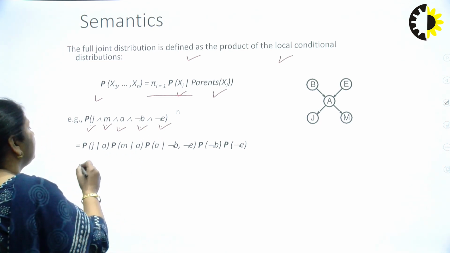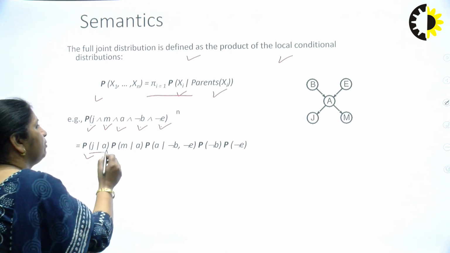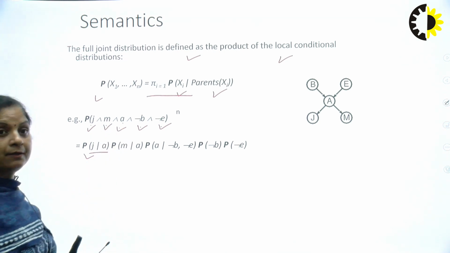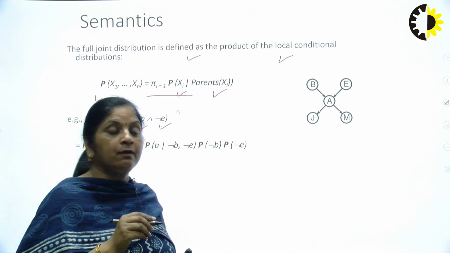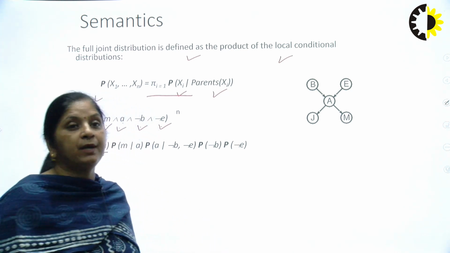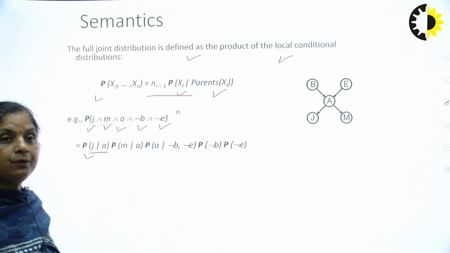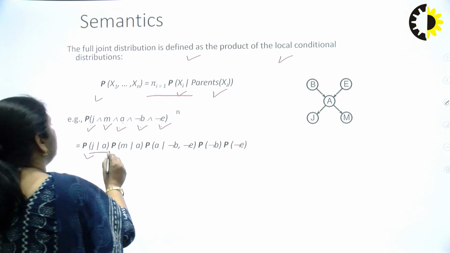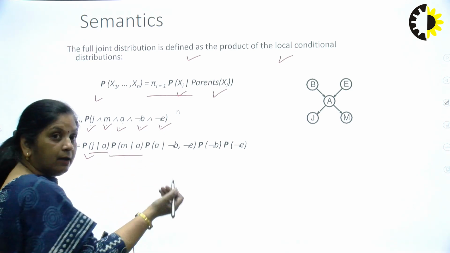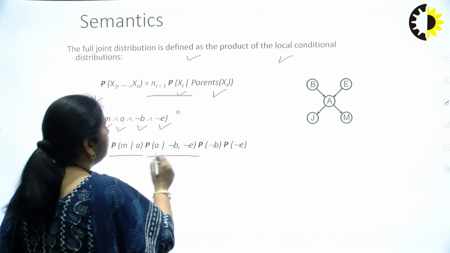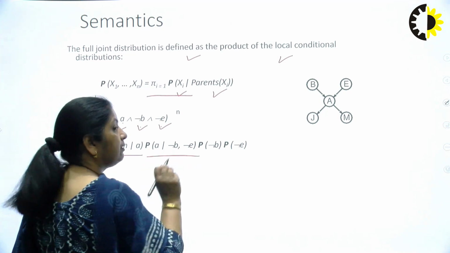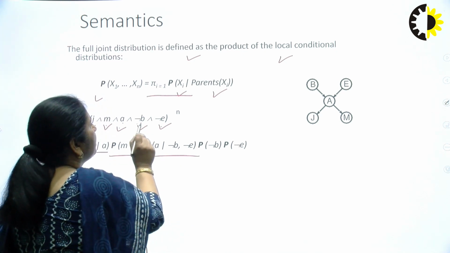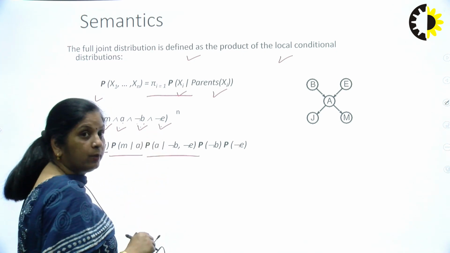So what will we take? Probability of J when alarm is there, because J is independent when given its parent node. What is the parent node? Alarm. Same way, into probability of Mary when alarm is there. Then probability of alarm: what are the parent nodes for alarm? That is burglary and earthquake. What we want is burglary is not there as well as earthquake is not there.